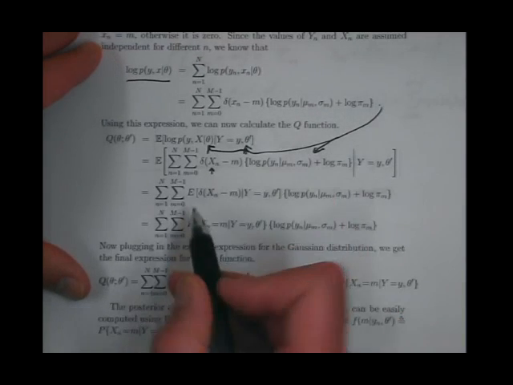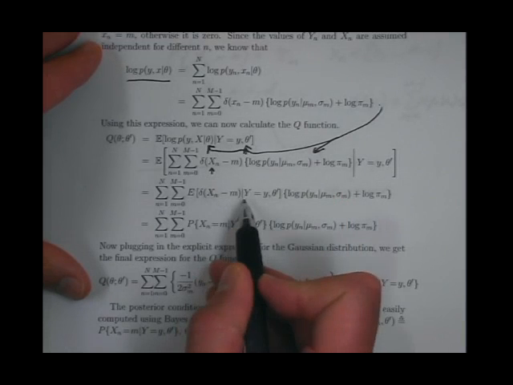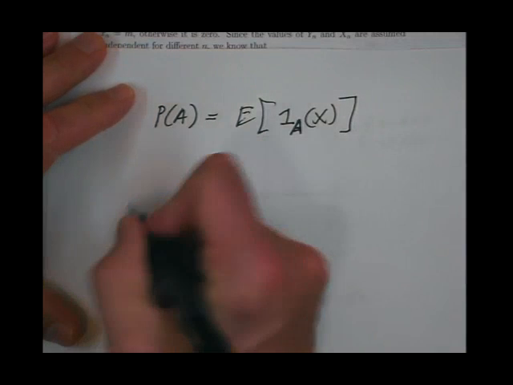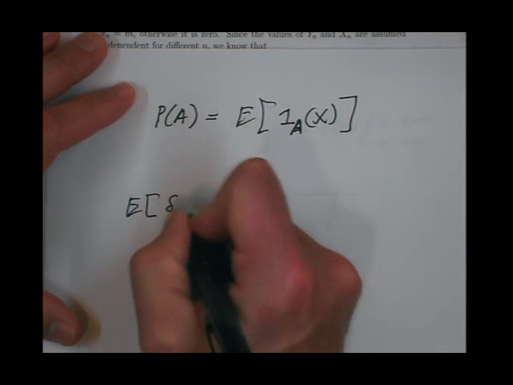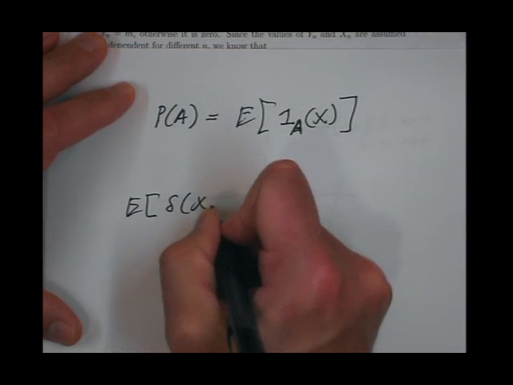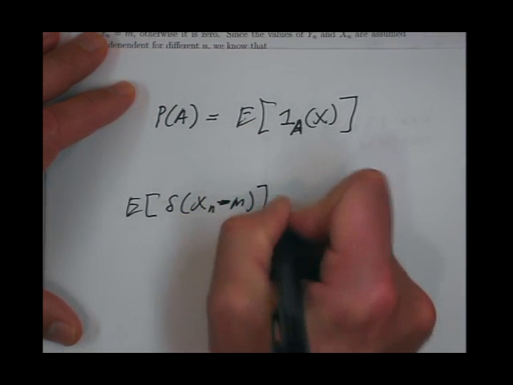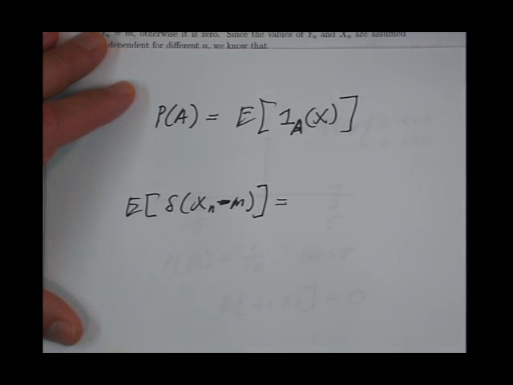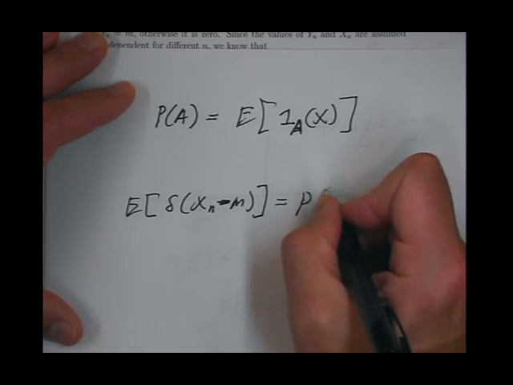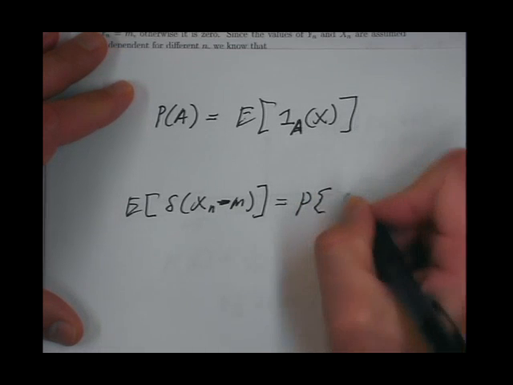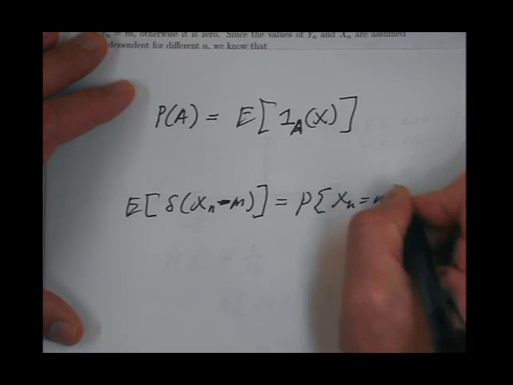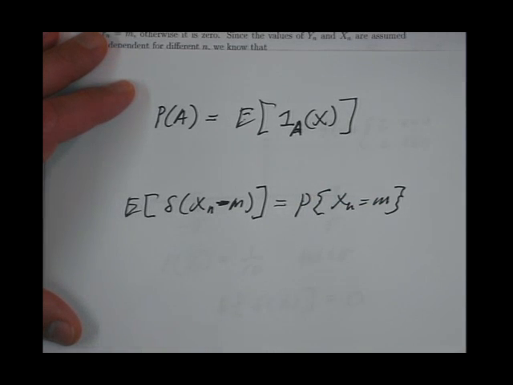So basically, the expected value of this delta function is going to be 1. So the expected value of delta of xn equals n is just the probability that xn equals n. It's just a fancy way of writing the probability.